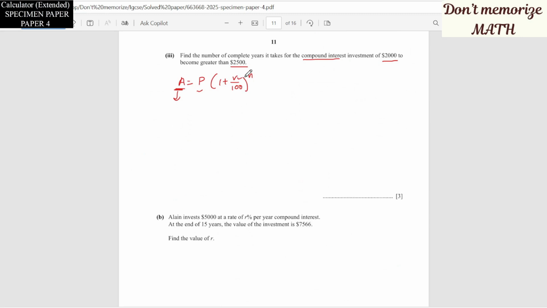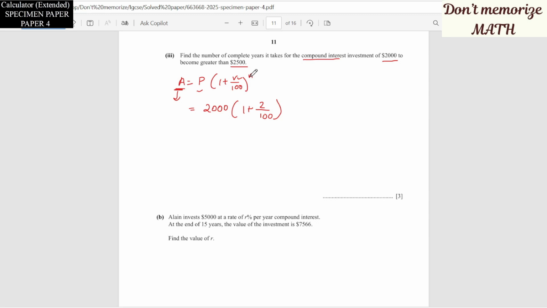The amount we don't know, P is 2000 times (1 plus 2 over 100) raised to n, and n we also need to find. Take your calculator: press 2000, open the bracket, 1 plus 2 over 100, close the bracket, power 8, which we already checked. So try 9. Check the answer: it is 2390. We need more than 2500. So take 10.